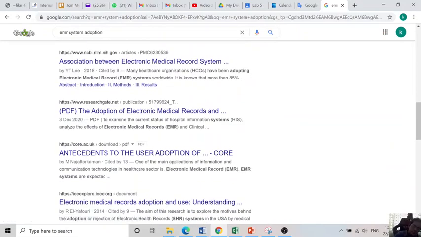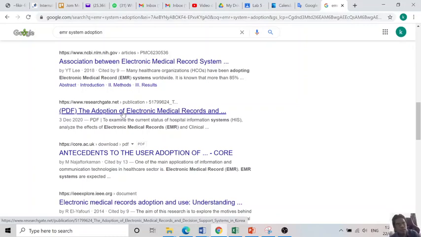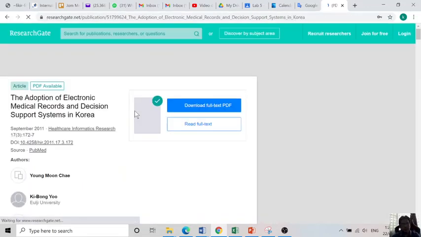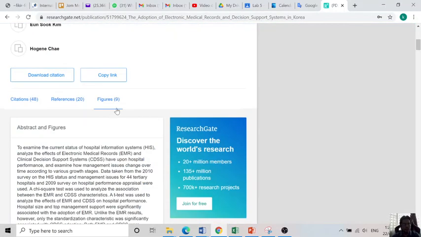Okay, so this is one article from ResearchGate. ResearchGate is one of the platforms where researchers upload their papers to this database. So you can search from here, click on this article, and then you start to read.